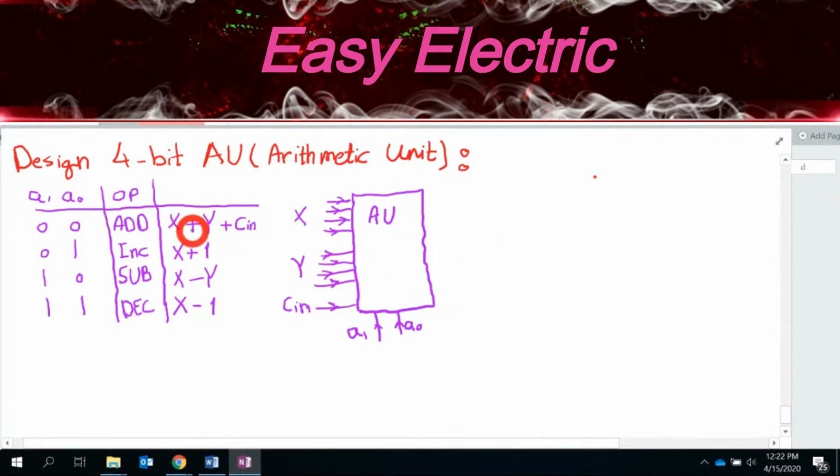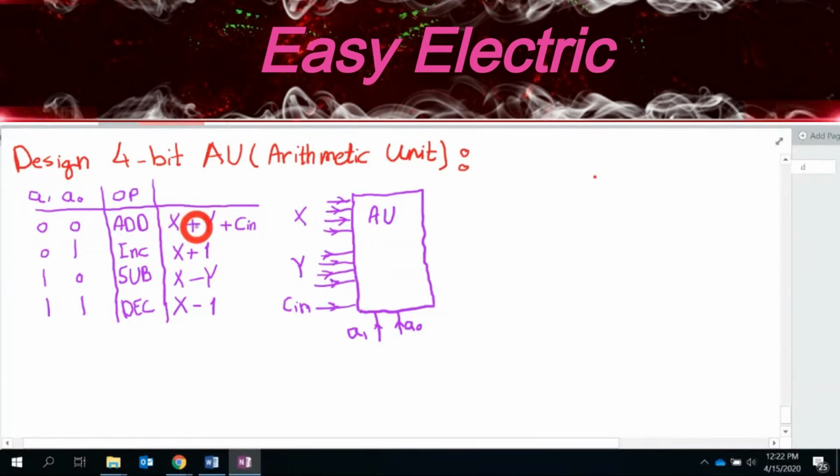Because we already designed the 4-bit adder and 4-bit subtractor, you should be able to answer that question. How many outputs do we need? If this is just an adder, that means X plus Y gives 4 bits. Let's review the whole function of this unit.